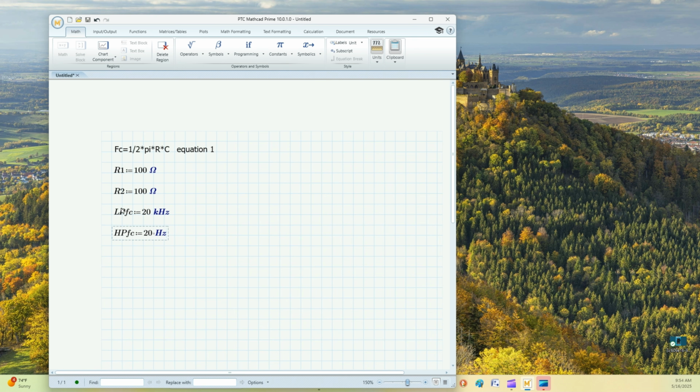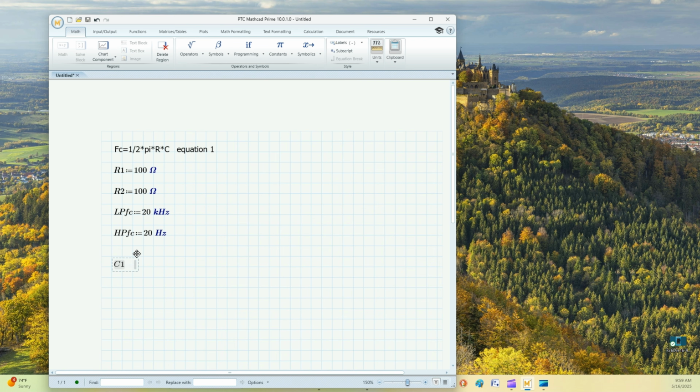We know that we'll substitute this in for this, bring the FC down into the denominator, and bring the capacitor up to be on the left side of the equal sign. So we'll solve for C1 first.